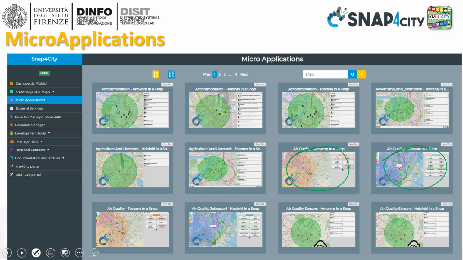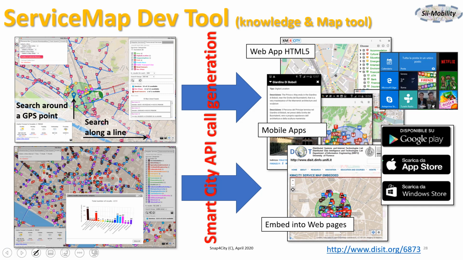You can embed them in dashboards. You can use them as a mobile app directly from any device with a browser. So you don't need to install the Snap4City or Km4City mobile app, because you can use it even from the link as an instant app.